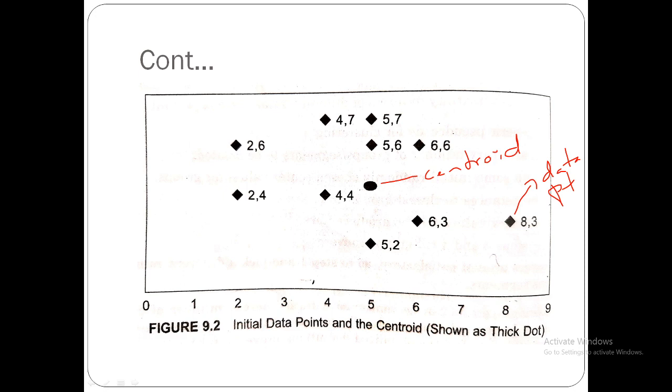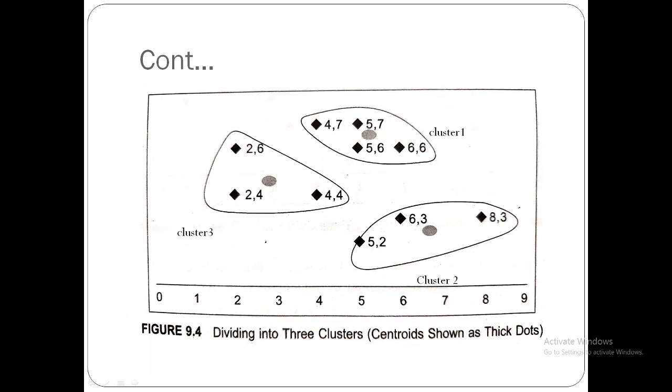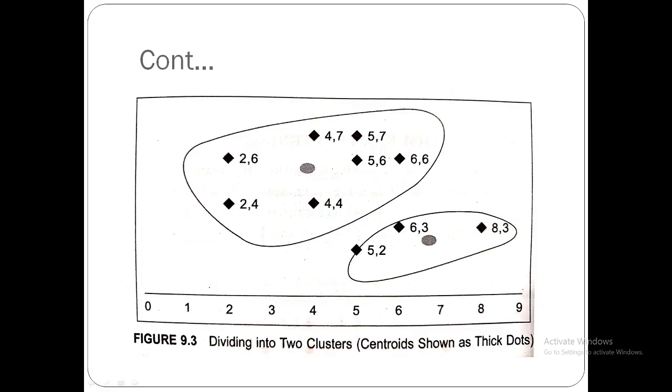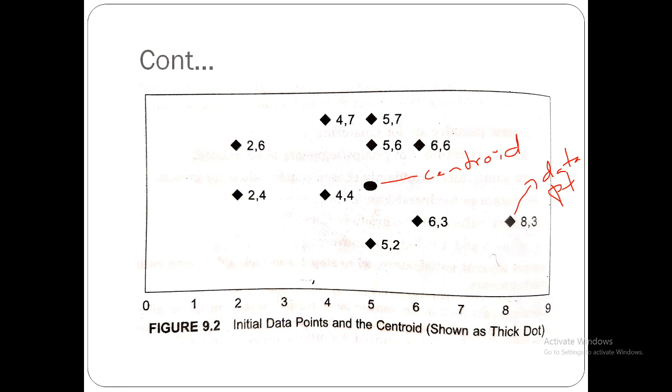Here we have to identify the distance between these points. What is the distance from these points? Distance from this one and this one. The distance is too far. So we have to make two clusters.